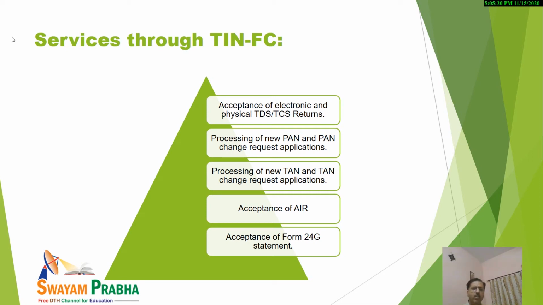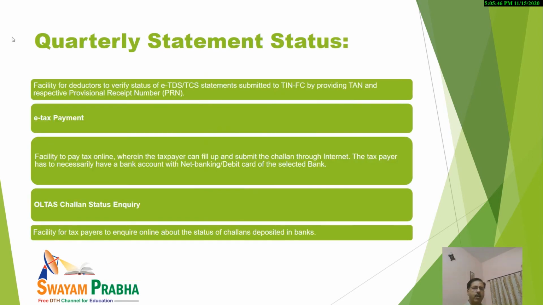All annual information reports are accepted through these TIN centers, and it is also one of the major services provided by these facilitation centers. Then acceptance of Form 24G. I will be telling you more about that in the coming slides. It is also accepted at these facilitation centers.